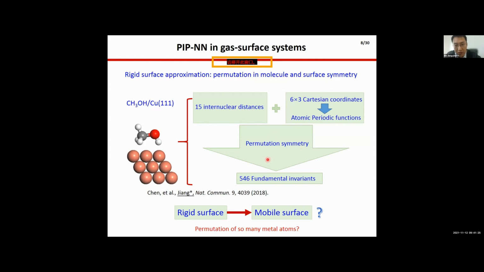We will have at least over 500 fundamental invariants to consider the full symmetry of the molecule only. But if we move from the rigid surface to a mobile surface, we need to consider permutation of so many metal atoms, and that's an impossible task using this approach.